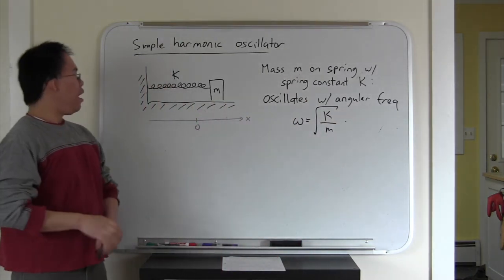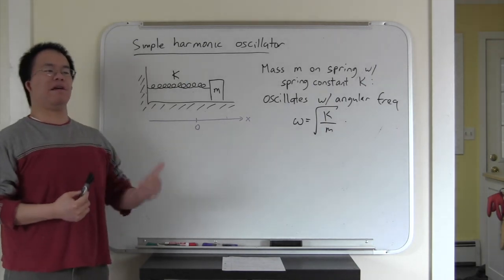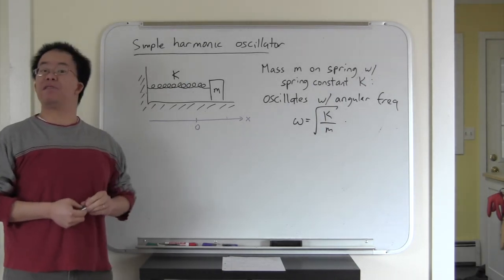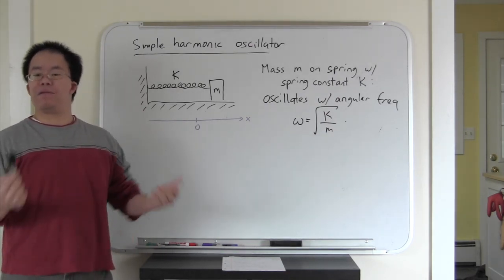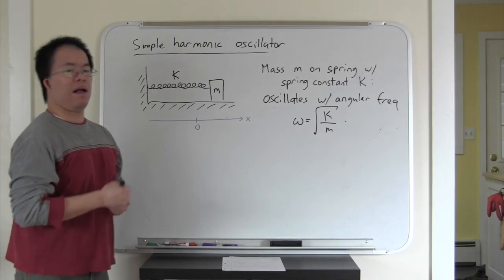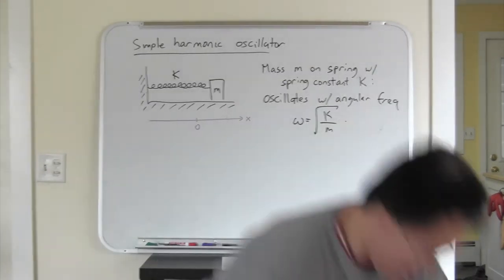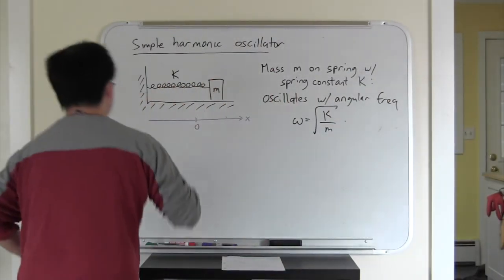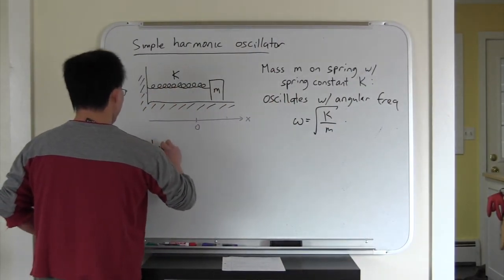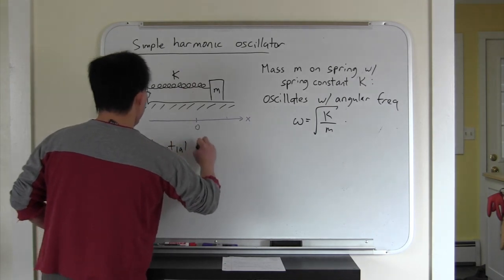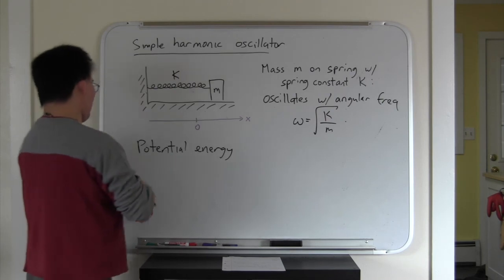And you also probably analyzed this from the standpoint of potential energy, the mass and the spring together forming the system. The potential energy of the system has the following form, right?